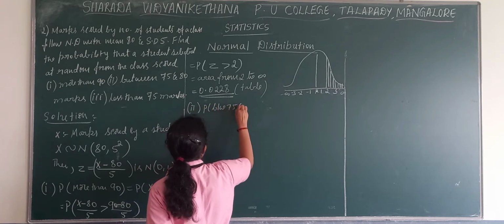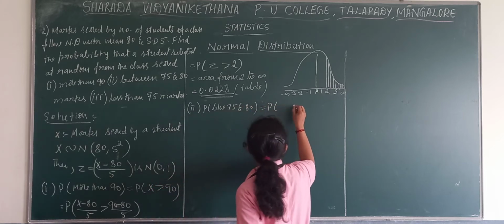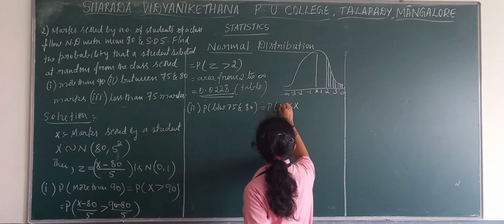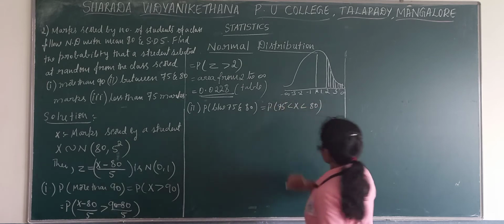Between 75 and 80. How to write? Probability of x is greater than 75 but lesser than 80.